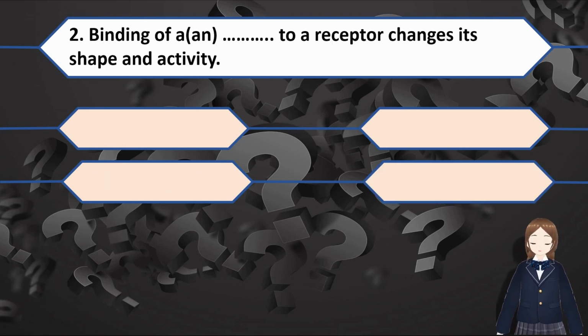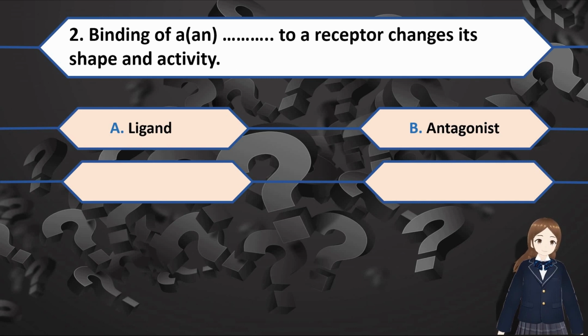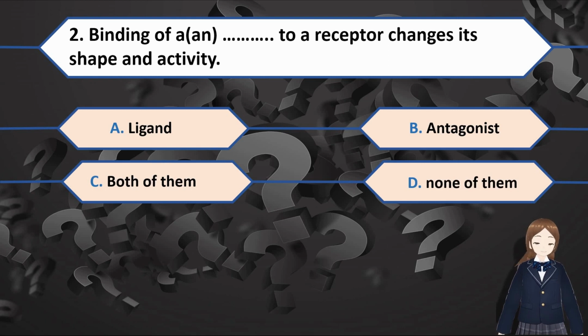Question number 2. Binding of an to a receptor changes its shape and activity. A. Ligand, B. Antagonist, C. Both of them, and D. None of them.